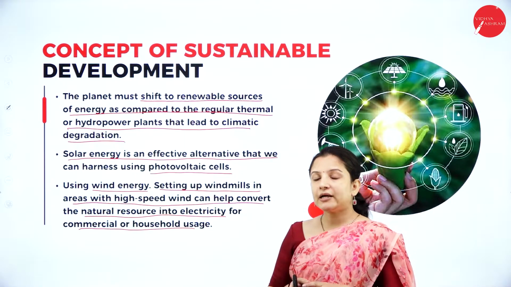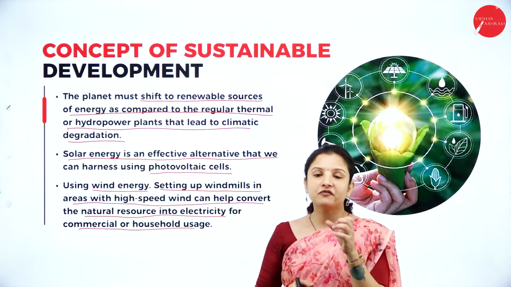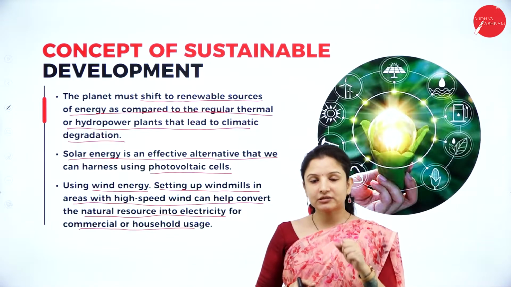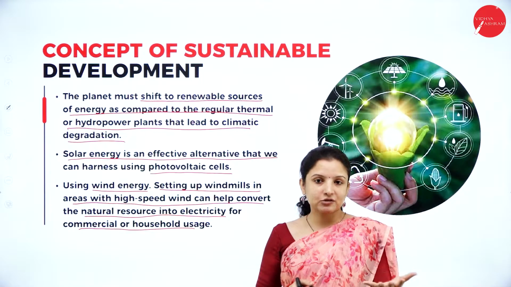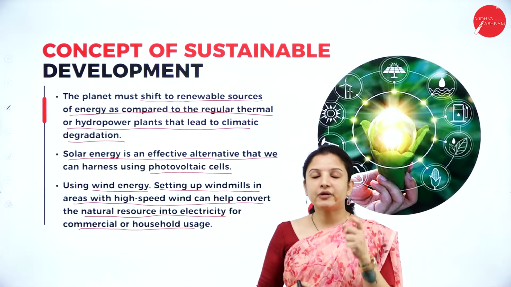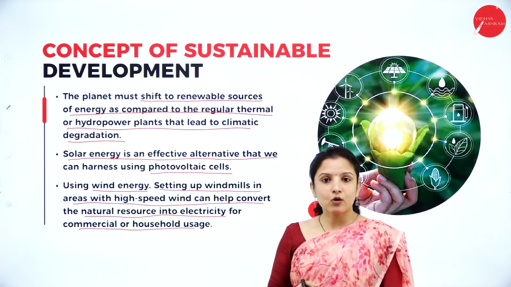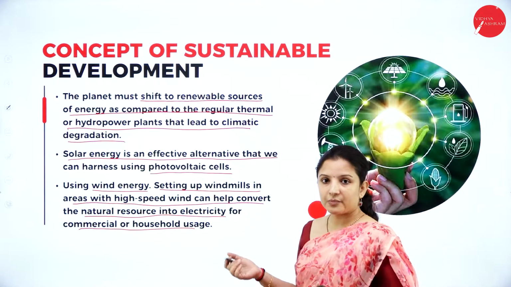And apart from that, just like how we use solar energy, we can use the energy from the air, which can be trapped, just like how solar radiations are trapped by solar panels. The wind can also be trapped, and out of that also we can use it for lighting the houses and boiling water, or for cooking purposes.